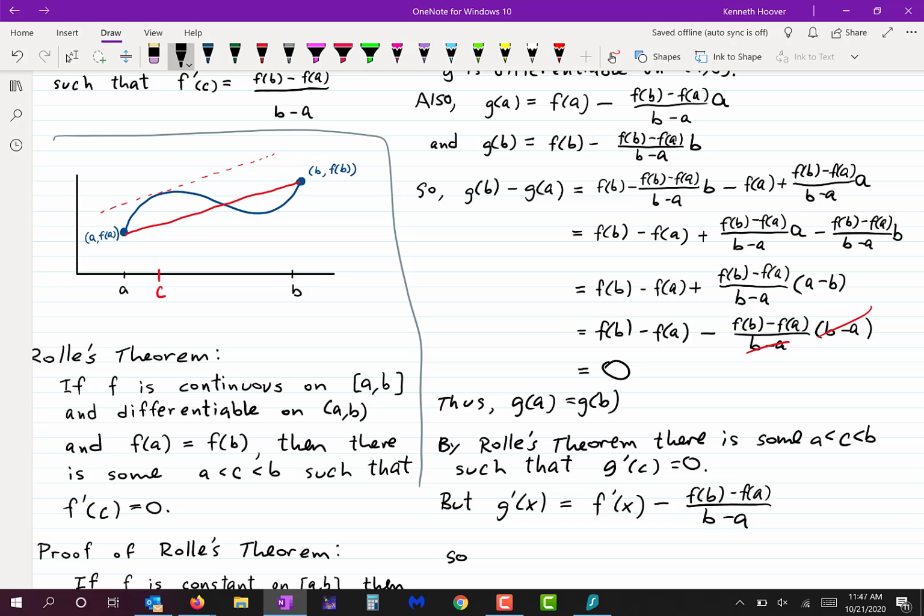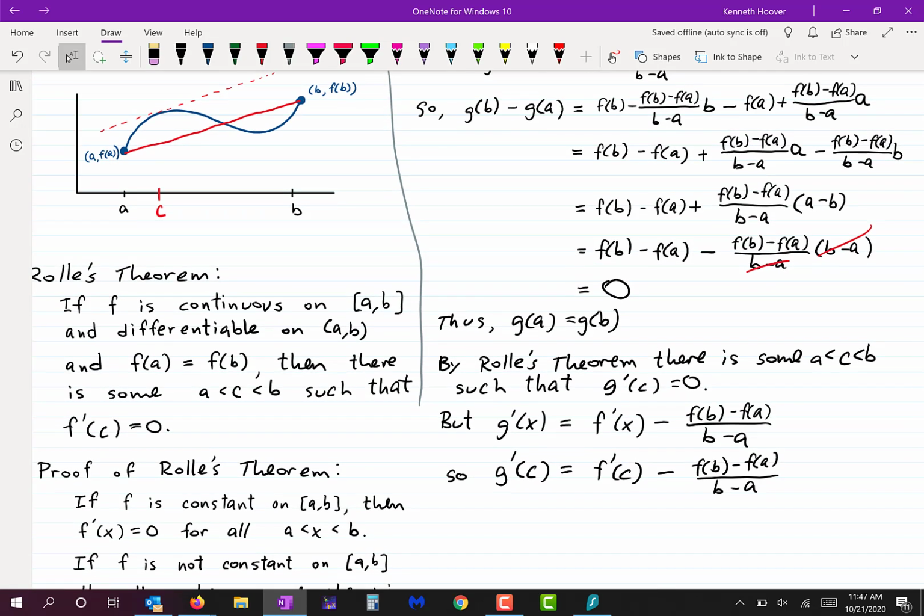So g prime of c equals f prime of c minus this number. And we said g prime of c equals 0. So f prime of c minus this number equals 0.